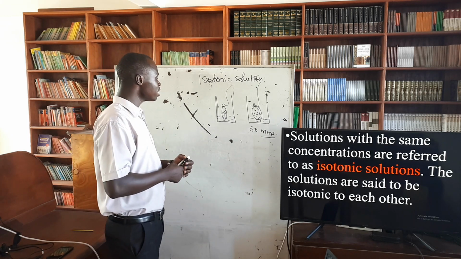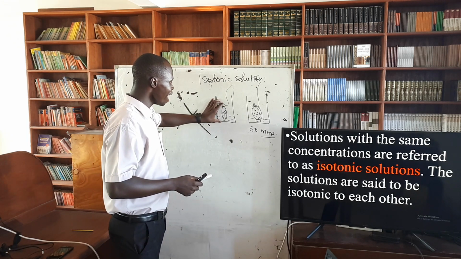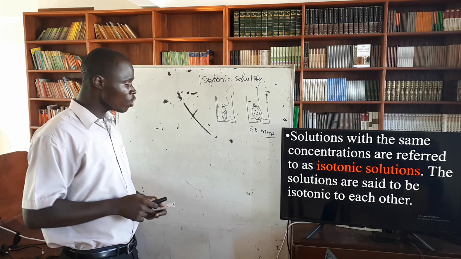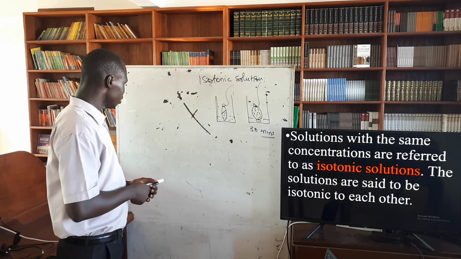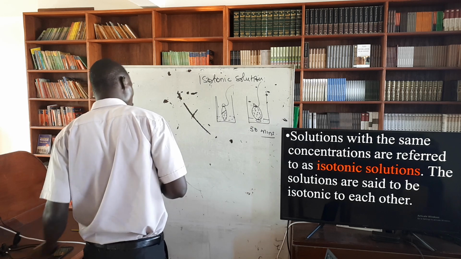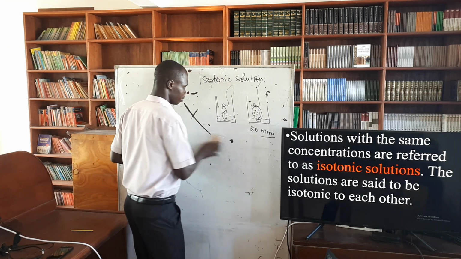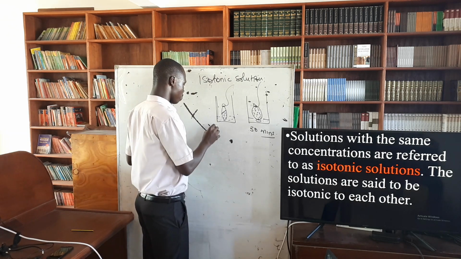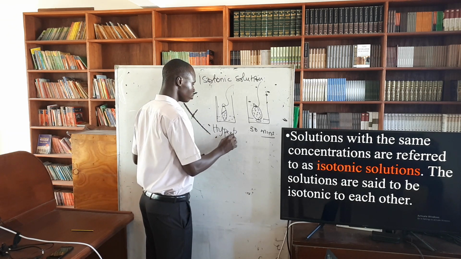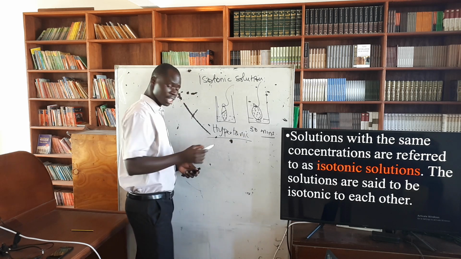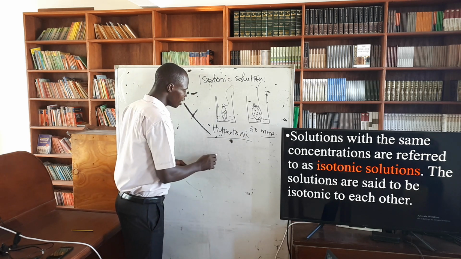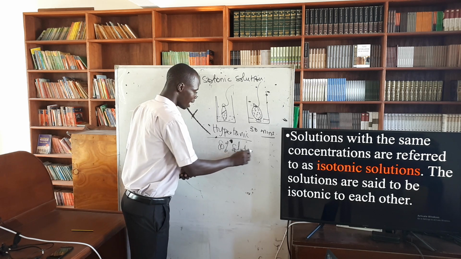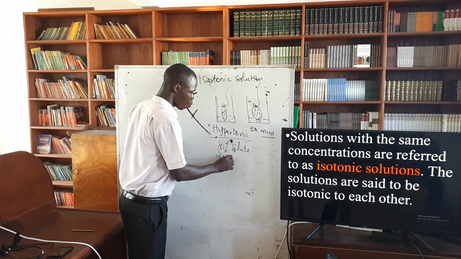Now we are going to use scientific terms to explain this. A highly concentrated solution is called hypertonic. Hypertonic means we can have 80% solute and of course 20% water.